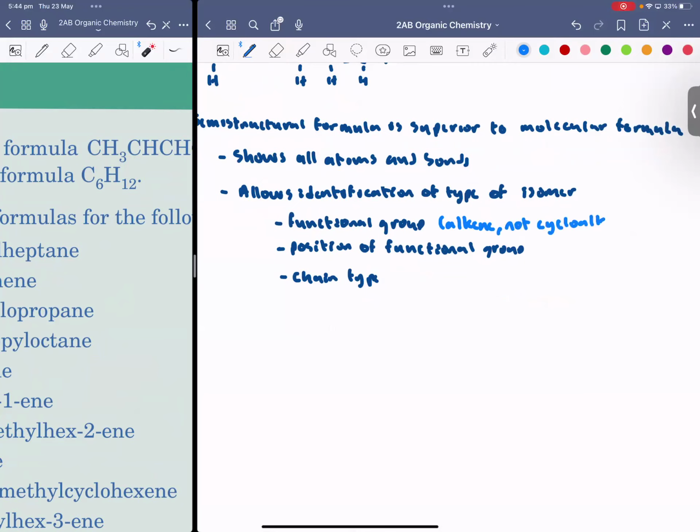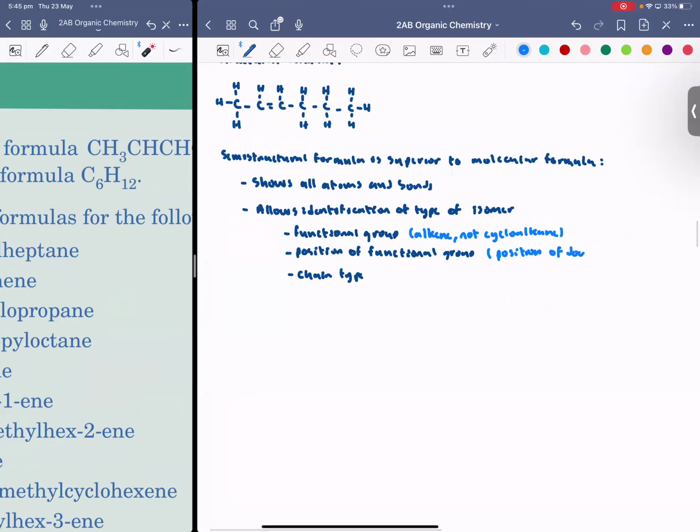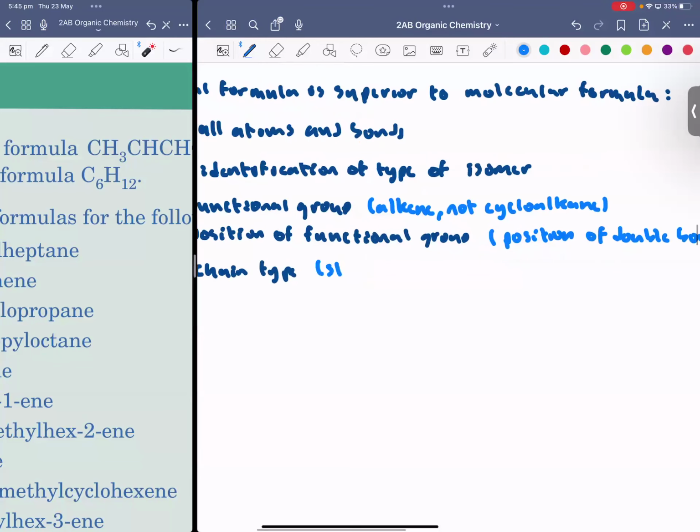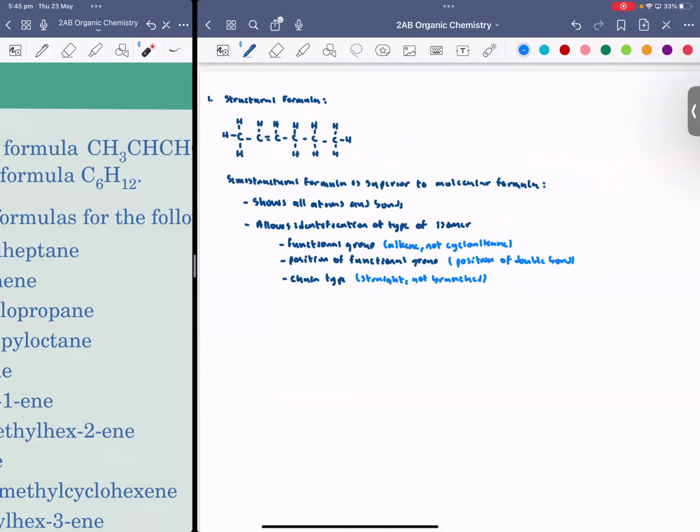So that's one thing that it told me. What else? It showed me exactly the position of the double bond. And on top of that, guys, what did it tell me? That it's straight, not branched. So that's to get full marks. Straight, not branched. Okay, makes sense?